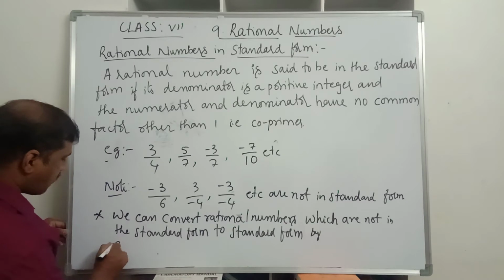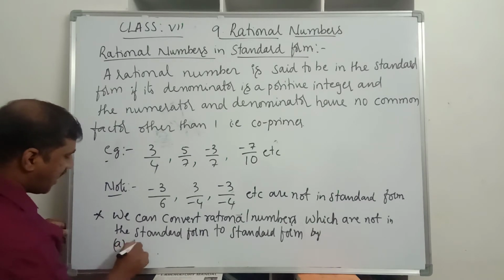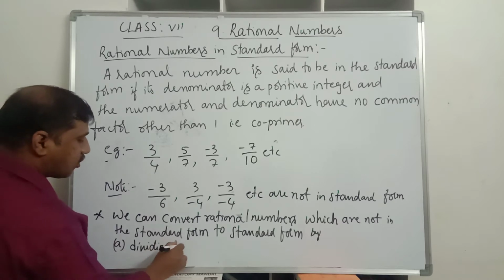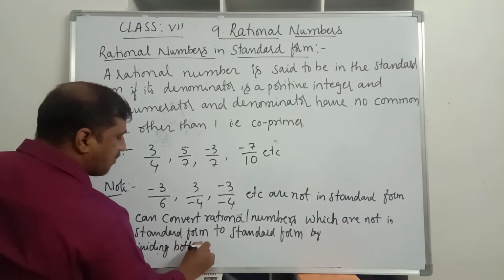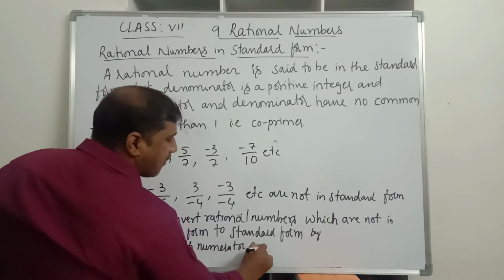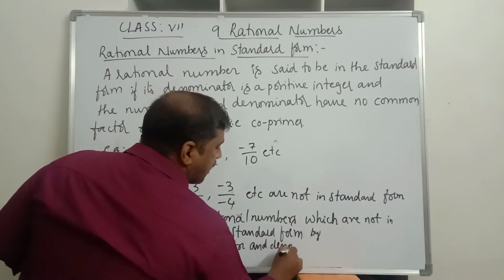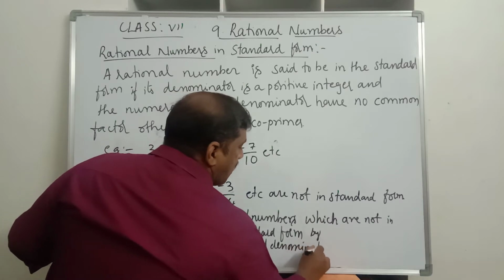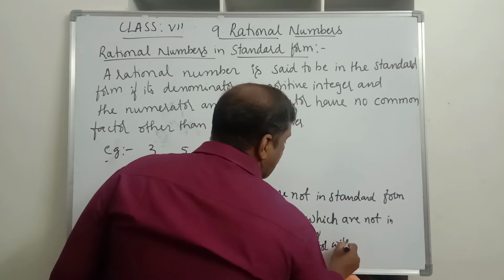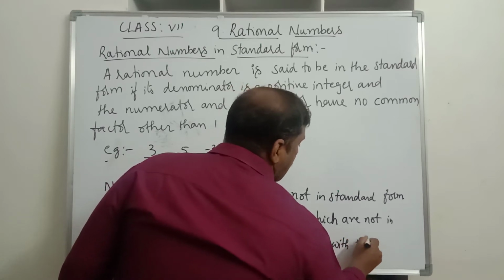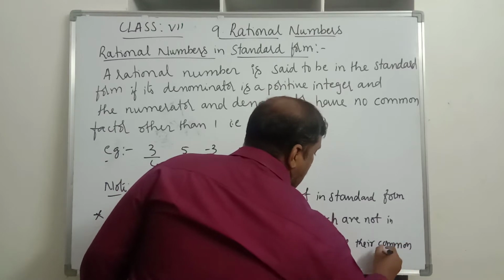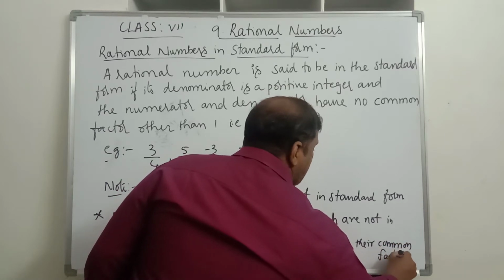The first is by dividing both numerator and denominator with their common factors. The other, the second method, is there.